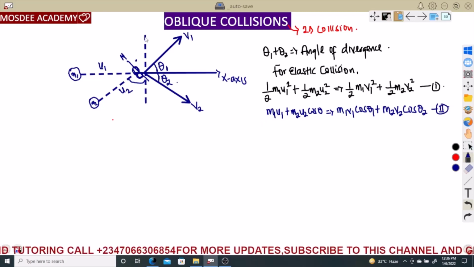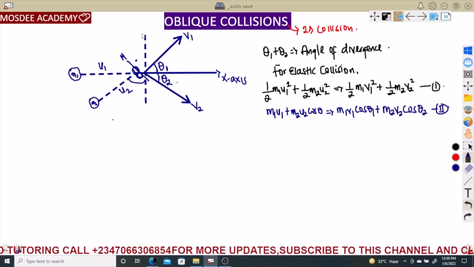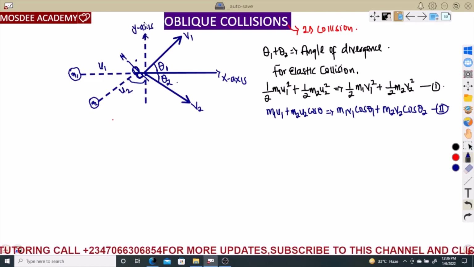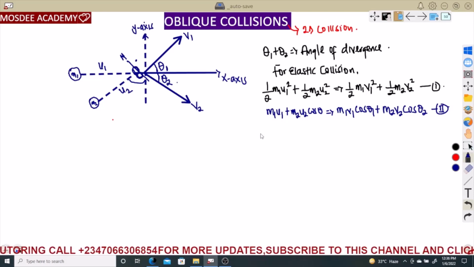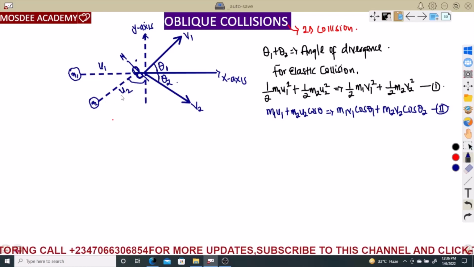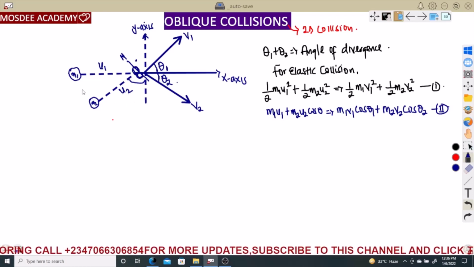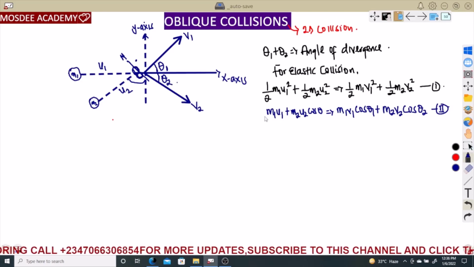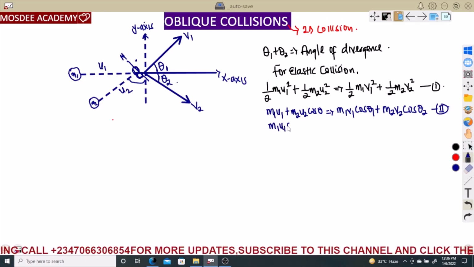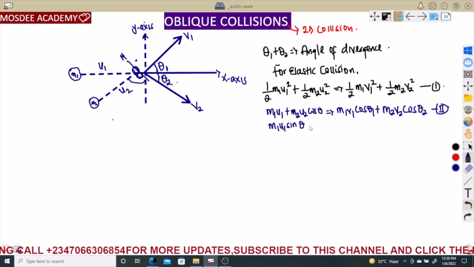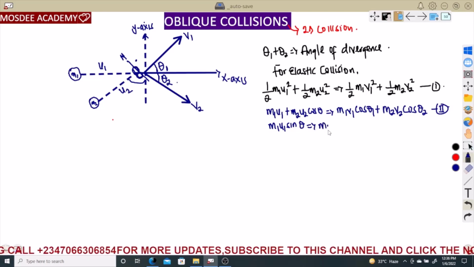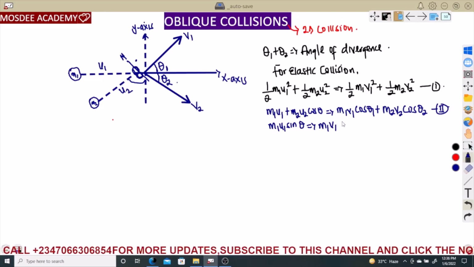Another one, we can also resolve this into the vertical, that is the y-axis. Very well, everybody knows the y-axis. Doing that, we need to understand something very well here. In this case, if the second body is to be resolved, we say M1 U1 sine theta is equal to, here we have M1 V1 sine theta 1.